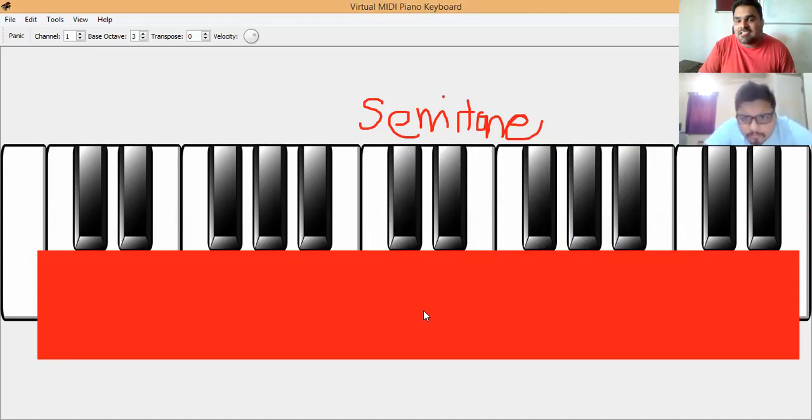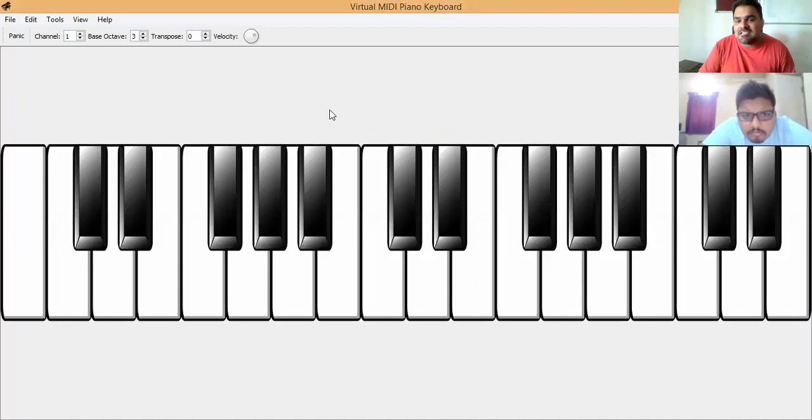Now if we look at the notes of the C major chord, let me not say scale, let's look at the C major chord itself. How many semitones are there from the C?